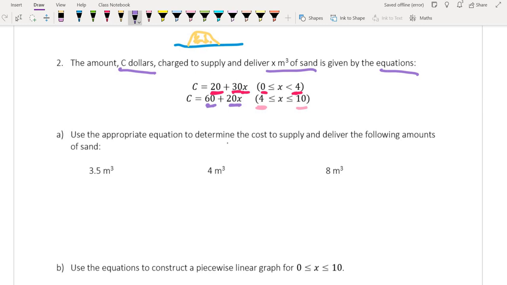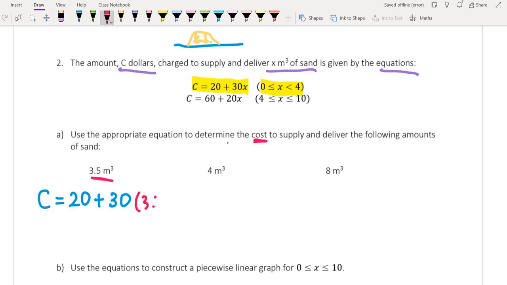So let's find out how much it's going to cost us if we order this much. When we order 3.5, we won't be looking at the second equation at all because 3.5 is within this domain. So we should be using this first equation. So all we need to do, we know the cost is going to be $20 no matter what, plus 30 times how much we're ordering.